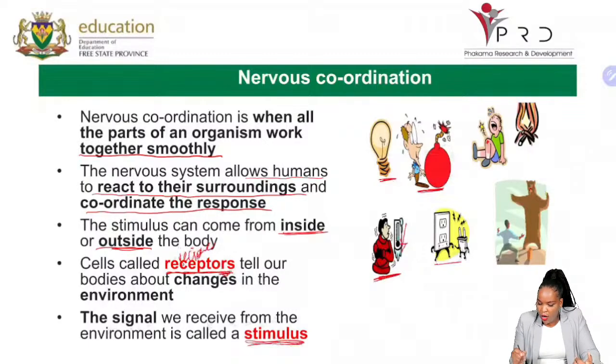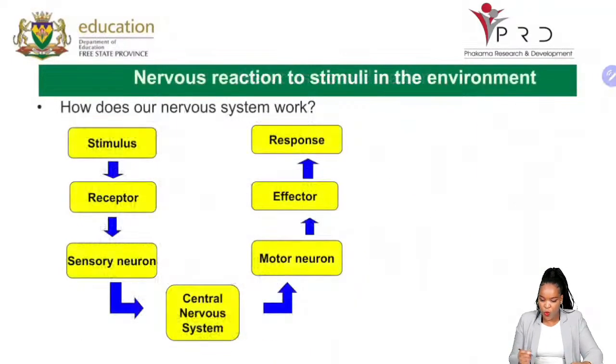And so on. When you get injured, when there's fire, all these other external stimuli, your body needs to react accordingly. So the main question is, how? How does your body then take all this information and act accordingly or responds accordingly? That is the main question of the day. So we are going to take a look at that.